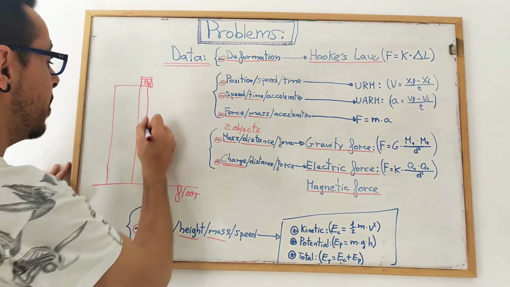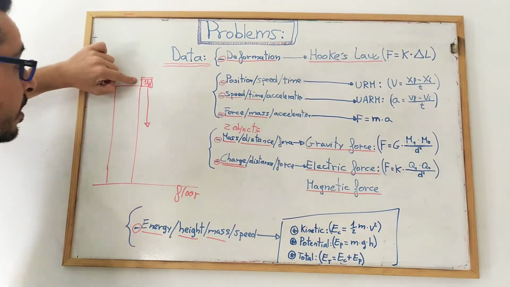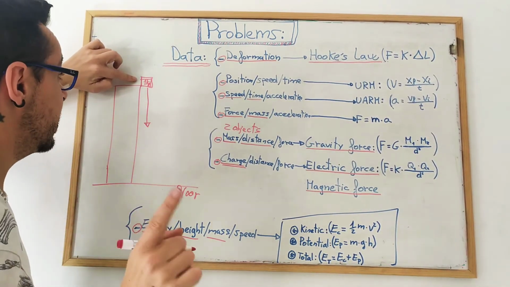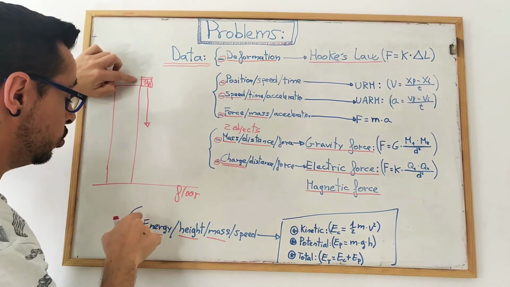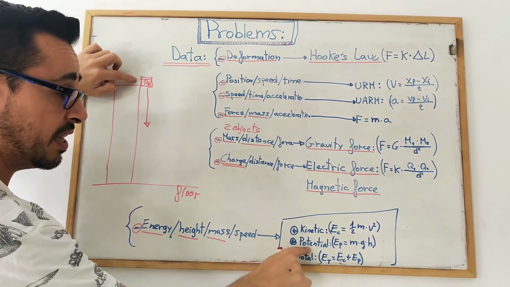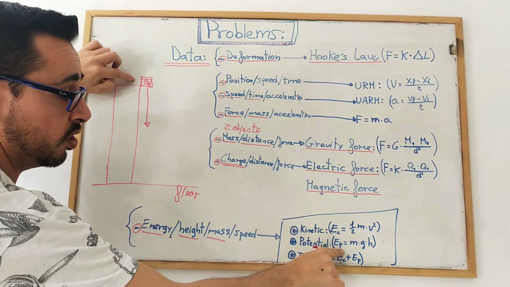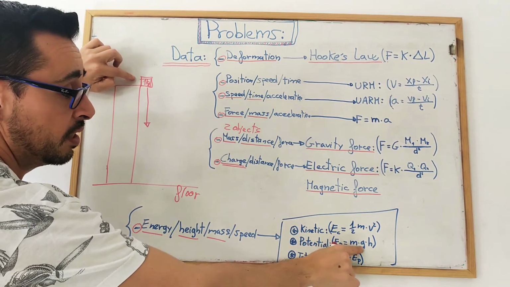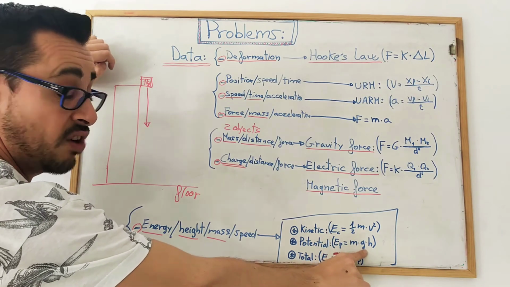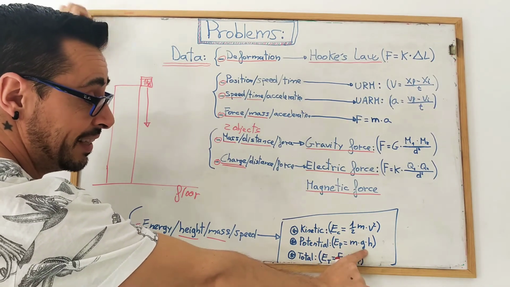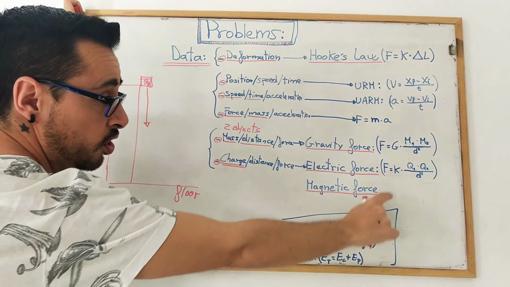What is going to happen here at the beginning, when it's not falling yet, is that it's going to have only potential energy. The potential energy is going to be the mass, 1 kilogram, times the gravity constant. Take into account that this one is not the same as this one.